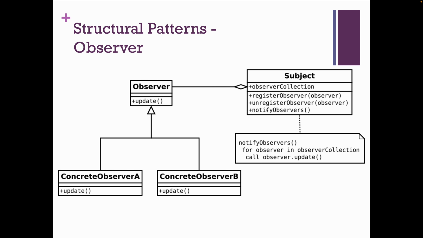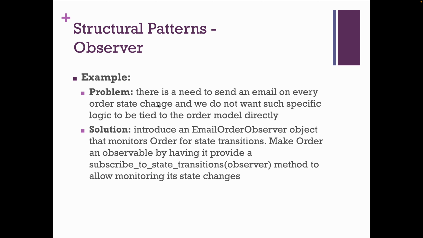For example, if I have a real example, I can have an order that is going to change its state. When you first create the order, it's a new order, and then it's a verified order once we verify that it has the correct data, and then validated, and then ready to send, for example.